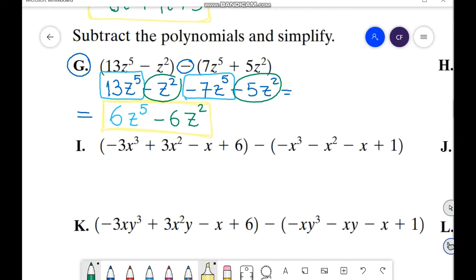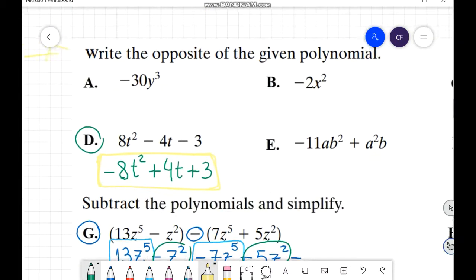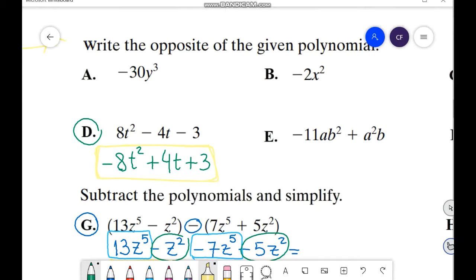And Matt is asking, what is the answer for the other question? The first one is to find the opposite. You just change the terms, and this is the answer. Just the polynomial with different signs, each term with the opposite sign.